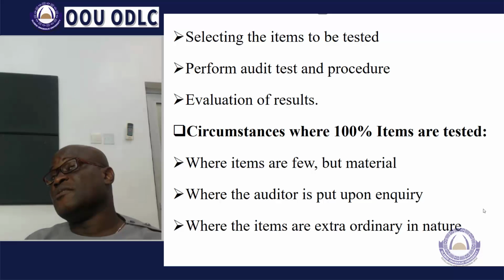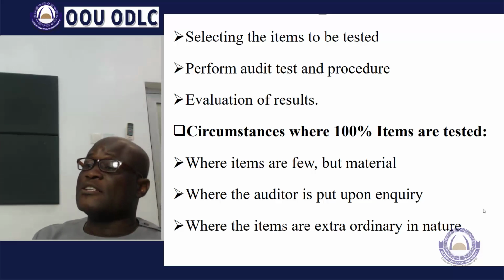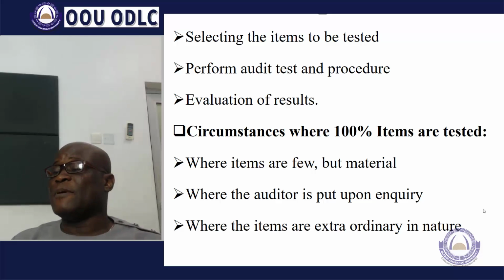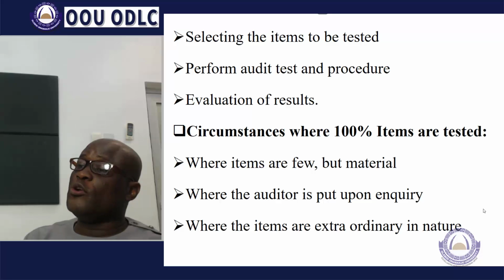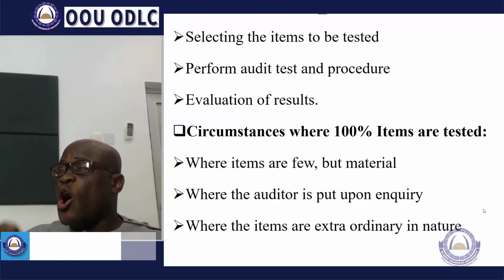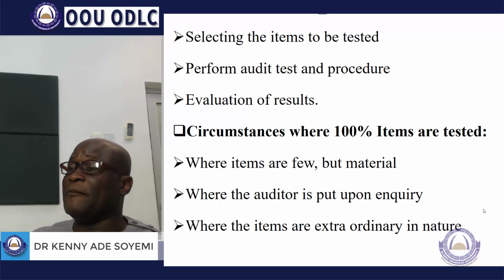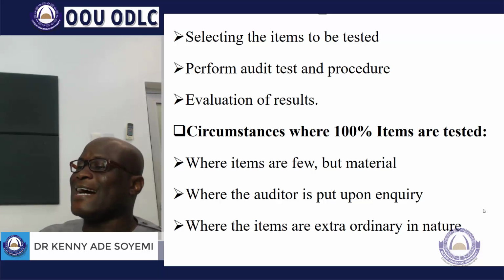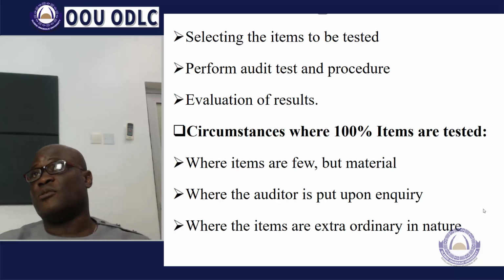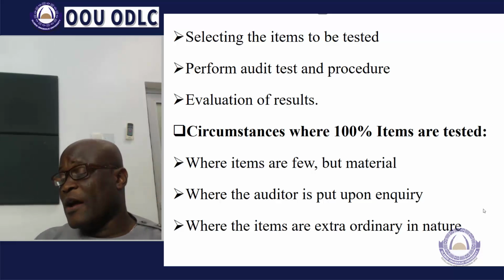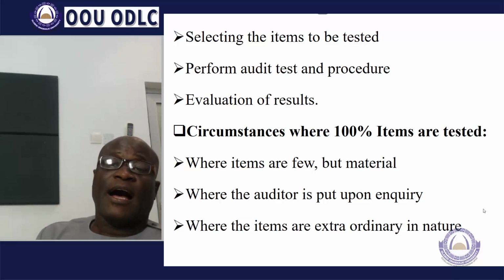You could have deviations in the compliance test and the actual error in substantive tests. So you try to assess sampling risk, and of course you conclude on the target characteristic, which is the ultimate goal of the sampling. That is, you conclude on the target characteristics of the population, and of course you generalize to the population what you now intend studying.